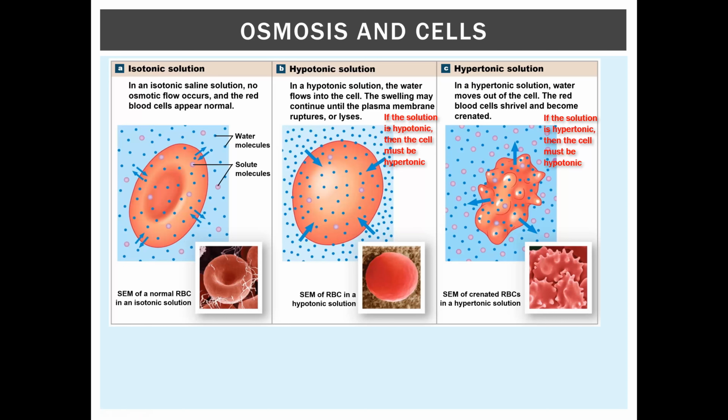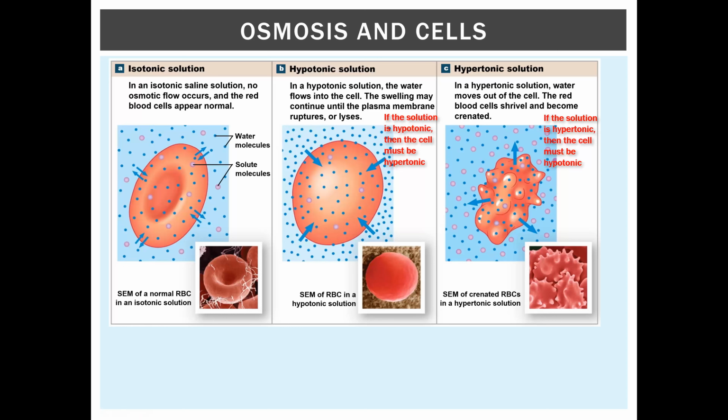I mentioned on the previous slide that carrier proteins can be regulated, and one example is that the glucose carrier protein is regulated by insulin. So when insulin is present, it binds to these carrier proteins and allows them to work. And if insulin is not present, then the carrier protein just sits there and it won't function.